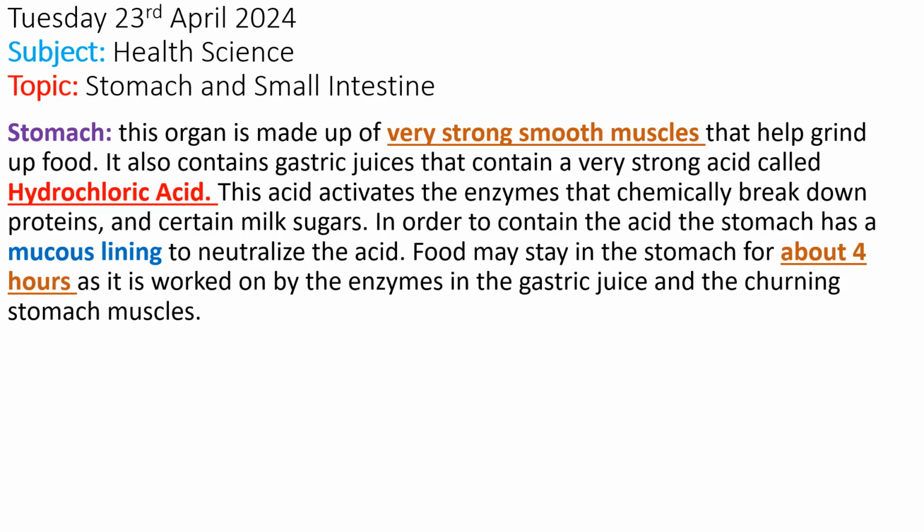So it's important that if you eat a heavy breakfast, you don't snack in between, because when you snack, you add more food into your stomach, which means the food is going to stay longer than 4 hours. When you add more food, it stops what it's doing and focuses on the food you just entered. So snacking is not the best thing to do.